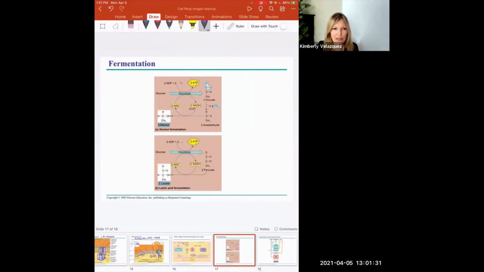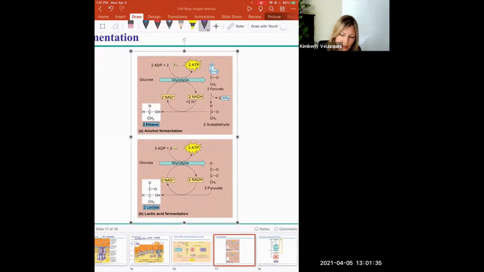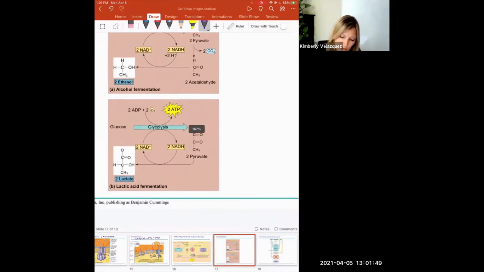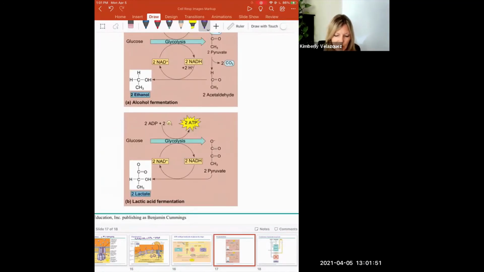Okay, what is fermentation? Fermentation happens when there's not enough oxygen present. There are several different products that can occur, but in animals, it's lactic acid, also called lactate. So you can see that if there isn't enough oxygen present, those two pyruvate, rather than going into the mitochondria and producing more ATP, instead NAD plus is going to get regenerated and lactic acid or ethanol are going to form.